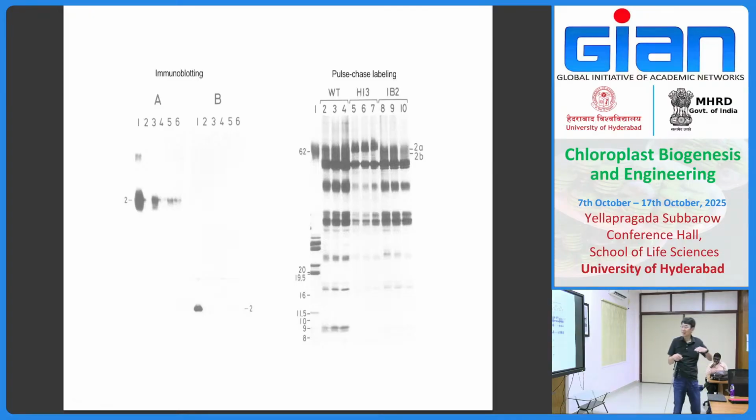If the synthesis rate is the same but the degradation rate is faster, the steady state level of accumulation of PS1 is reduced like this, maybe 20% or 10% of wild type level. So this means that the PS1 complex is unstable in the absence of PSAC.